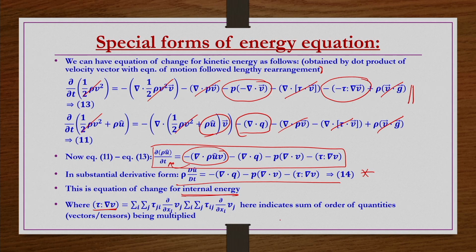It is not 1 term, it has 9 terms, and in vector summation form, it is represented like this. It indicates the sum of quantities like vectors and tensors being multiplied. So, when you expand these terms, you will get 9 terms that are available in any standard textbook. We do not need to worry about them as of now.